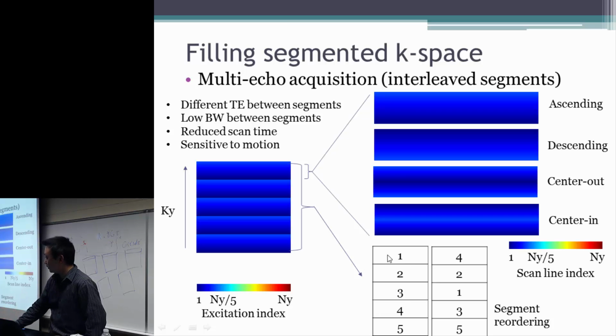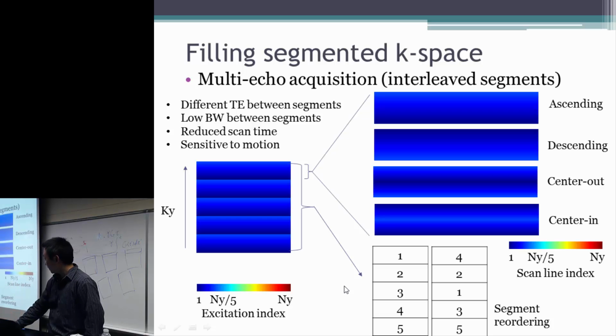So we can put the first echo into the first segment, and the second echo into the second segment, in an up to down or ascending manner, or we can put the first line into the center segment, and then fill in the segments in an inside out, center out manner.